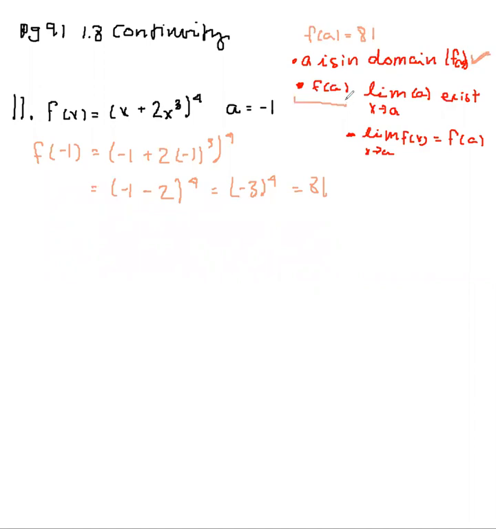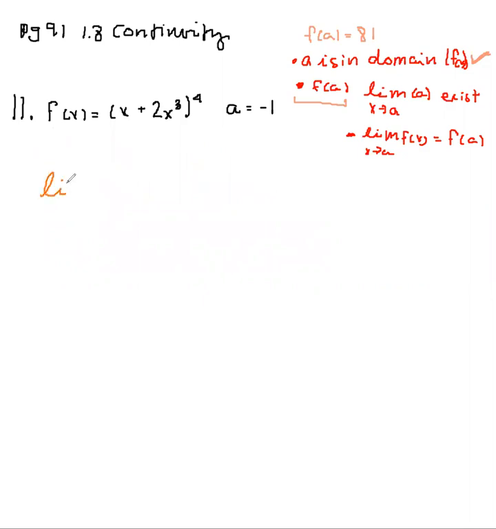So if f of a is equal to 81, what we need to determine is, number one, that the limit as x goes to a does exist, and that the limit is equal to 81. So how am I going to start evaluating that? Since a is in the domain, we can use direct substitution. So what is this going to look like?